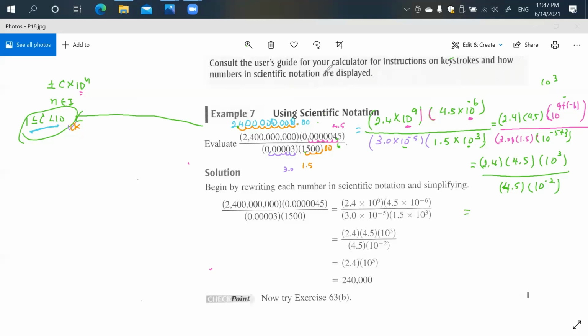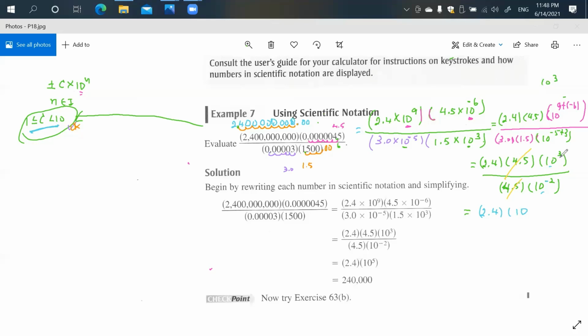After this, you can see 4.5 can cut, right? Okay. But then this one, what we can do, 2.4 we write down first, okay? And then this one, you see base 10, right? So which one should move? Index negative, right? We move to the top, becomes plus, correct?